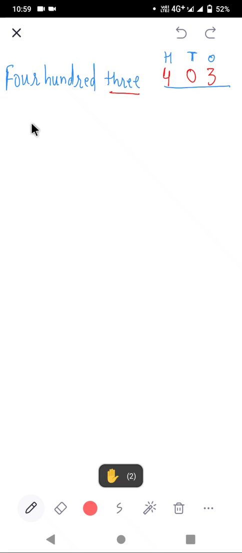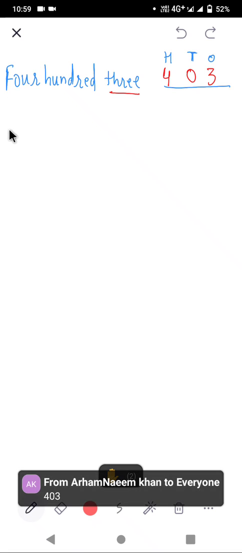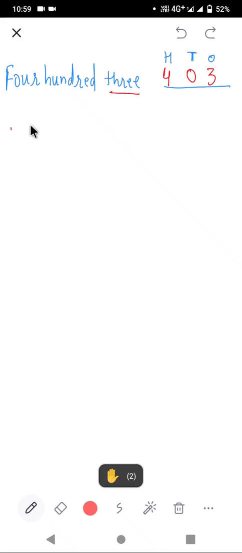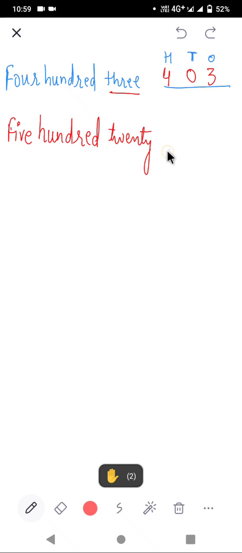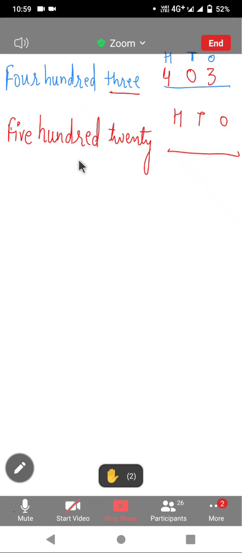Let's take another example: five hundred twenty. Here hundred is there, which means we need 3 places: ones, tens and hundreds to write. So 500.